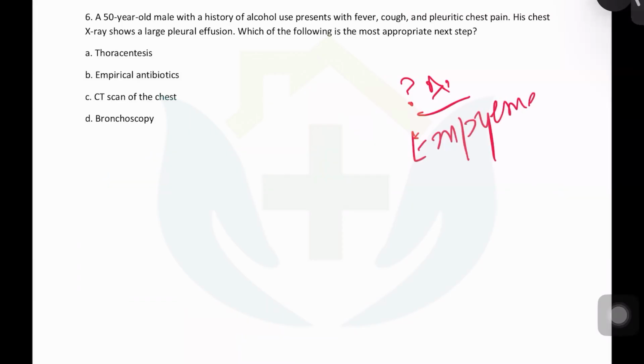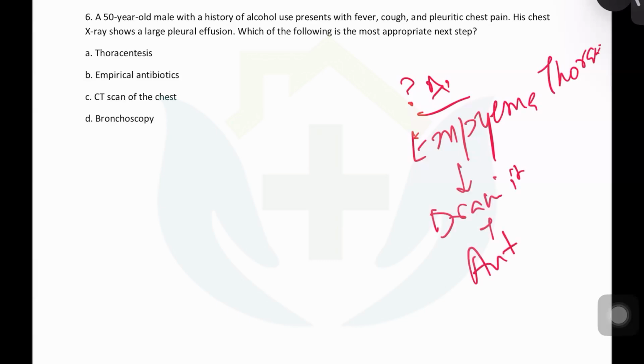What is the diagnosis here? Large pleural effusion. So it's thoracocentesis. Yes. So the diagnosis here is most likely empyema thoracis. So you need to drain it plus give antibiotics.